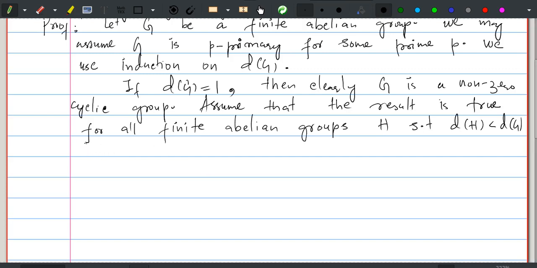Now G being a finite p-primary abelian group, it must have a non-zero pure cyclic subgroup. This is again a result which we have done earlier.